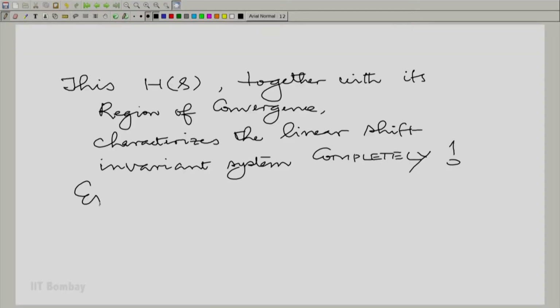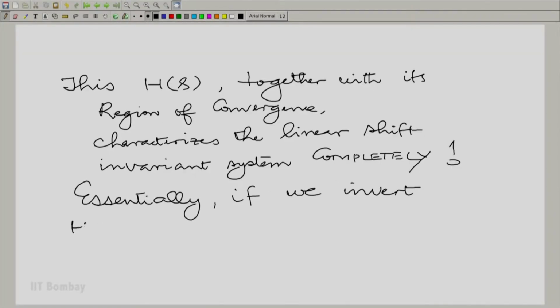You see, in the first module you had seen that the linear shift invariant system is completely characterized by its impulse response. What is H(s)? It is the Laplace transform of the impulse response, and if I can invert that Laplace transform, then I know the impulse response, so I know everything about the linear shift invariant system.